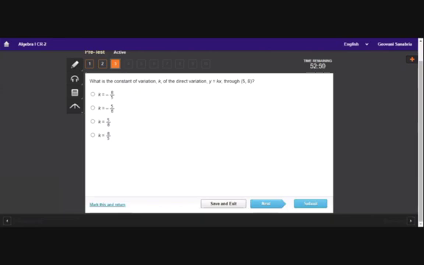To check this, you just choose the first k. You take negative 8 over 5, times the x, 5, and see if you get the 8. So you're checking each of the k values, doing k times the 5, and seeing if it gives you 8.